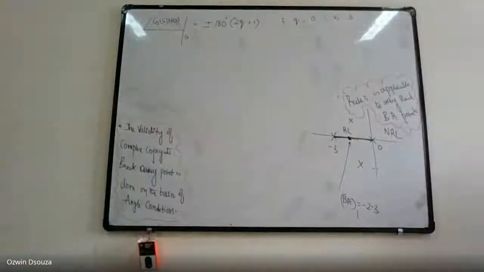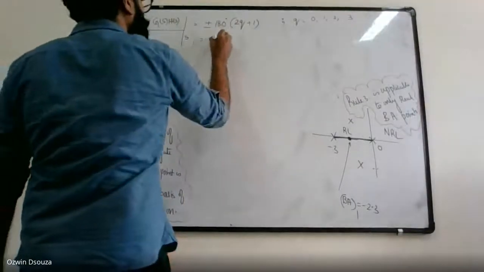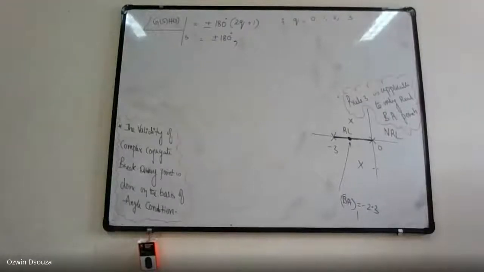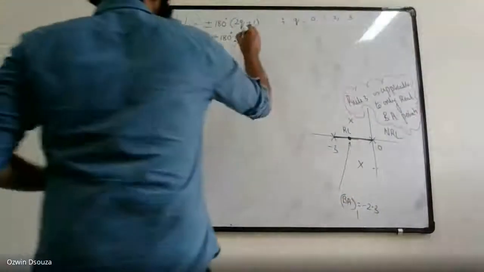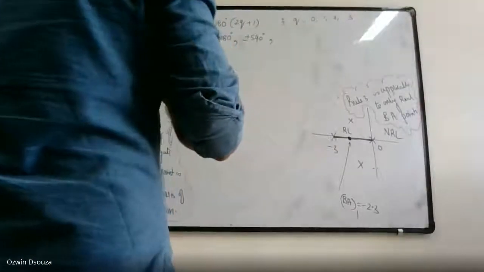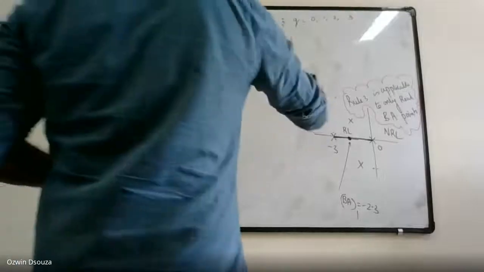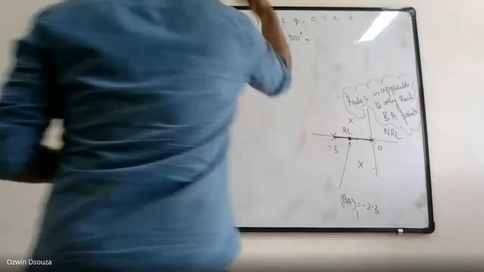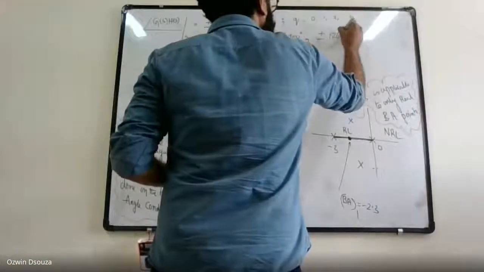So it is basically plus or minus 180 degrees, or, when you set q equal to 1, you will get 3. So 3 times 180 is plus or minus 540 degrees, and then 5 times 180 is 900 degrees, and then 7 times 180 is plus or minus 1260 degrees.